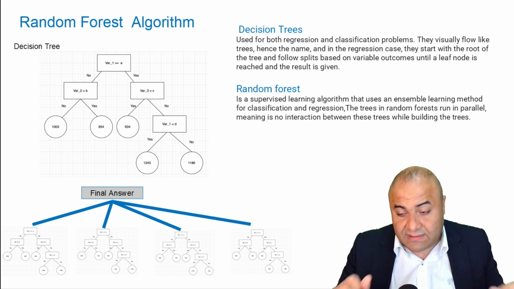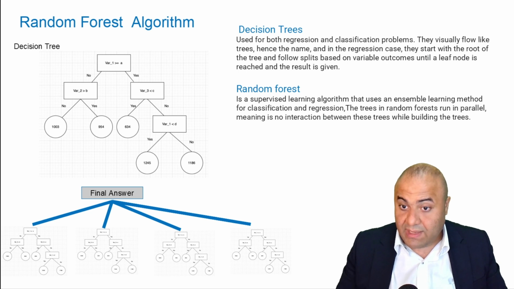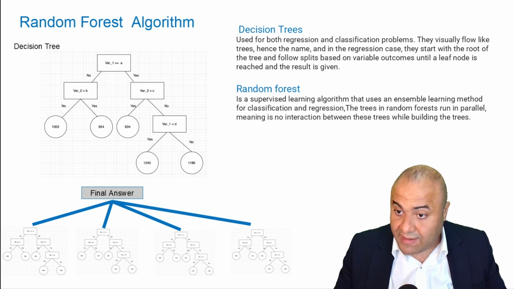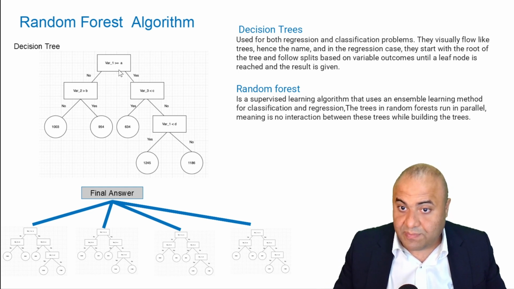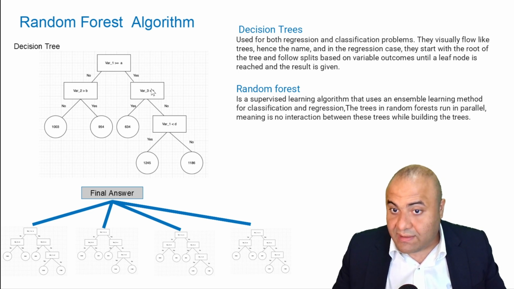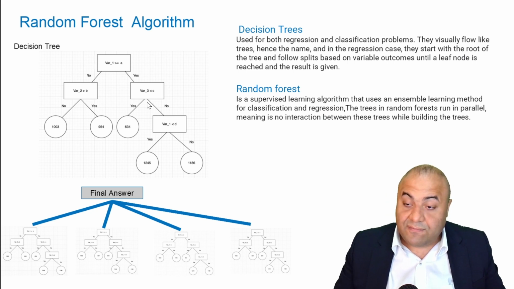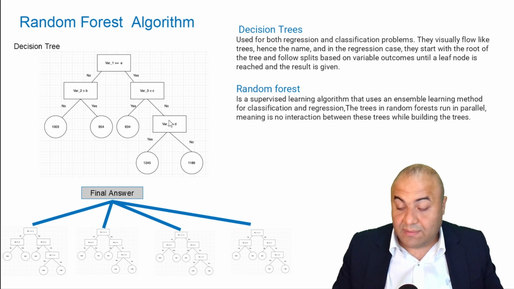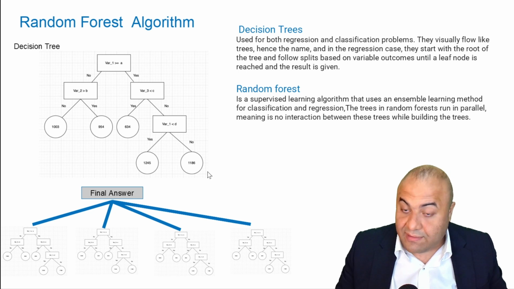So these indicators, these features, we can use to classify our data in case of a classification problem, and in case of a regression problem we can give it values. For example, if the first feature check is true, it will get us into another check of features, and if it's yes, we will go to a specific value, and if not, it will go to another branch, and then we will go to other values.